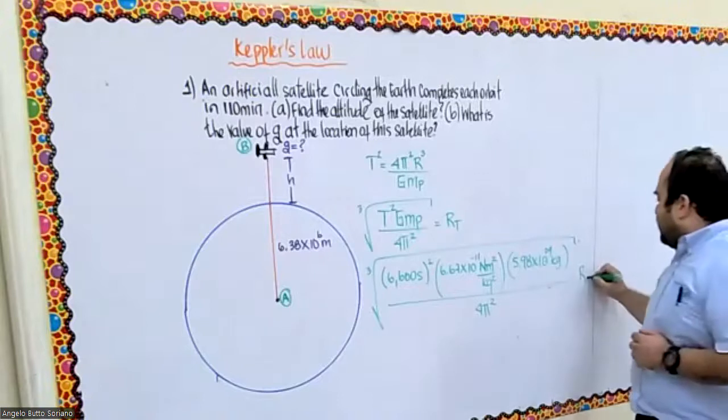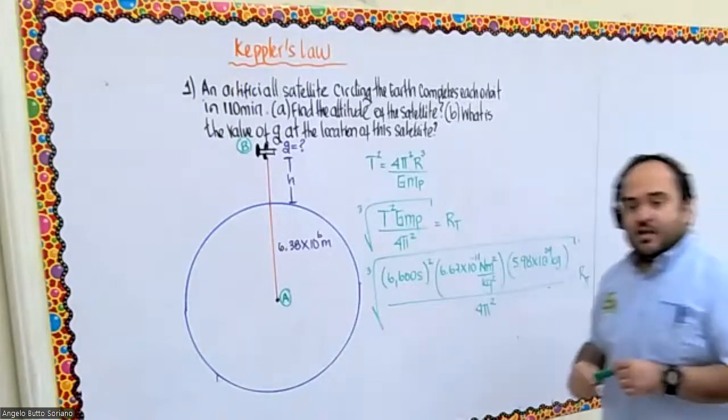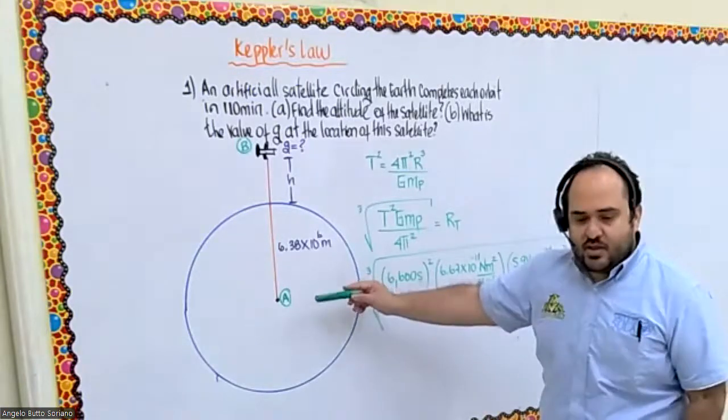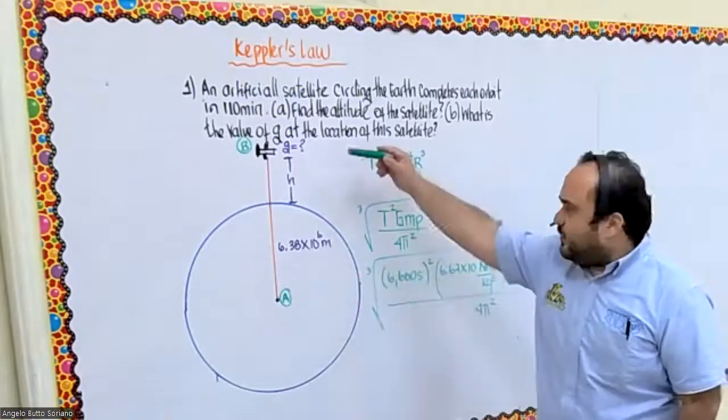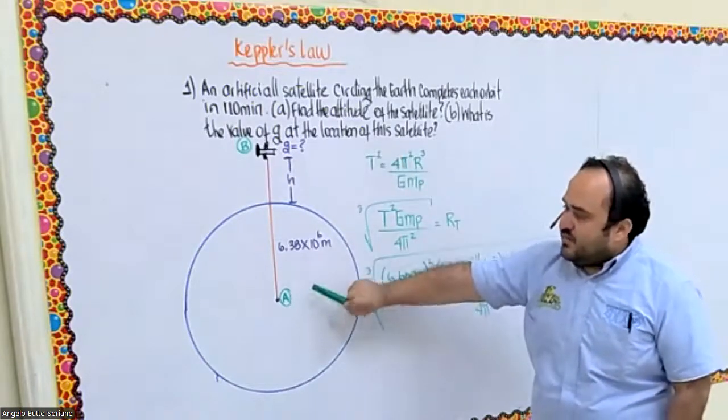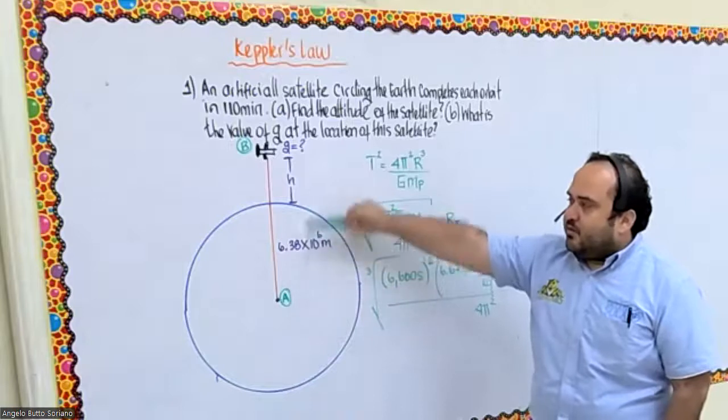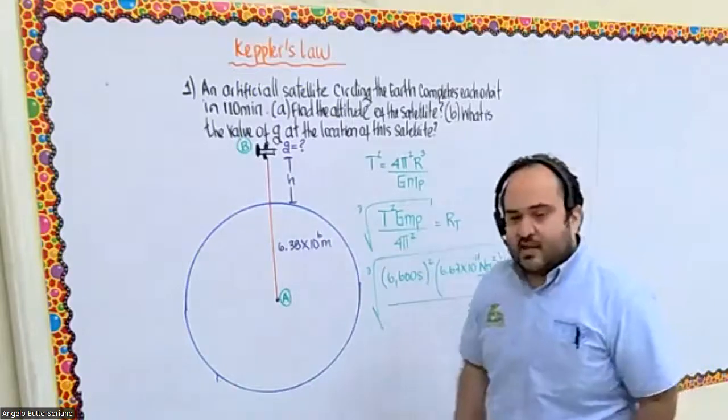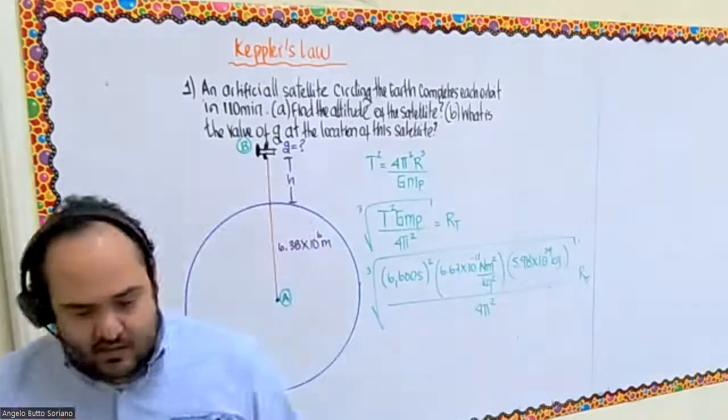Remember, this total radius gives us the total distance between point A and point B, I mean the orange line plus the red line, as a matter of speaking.